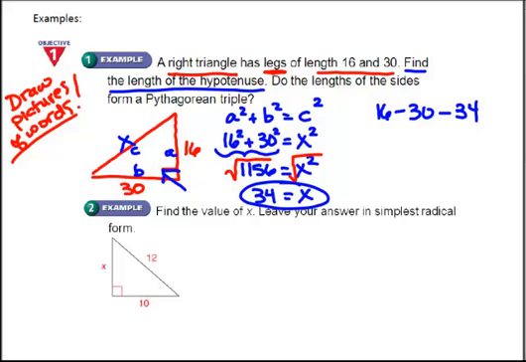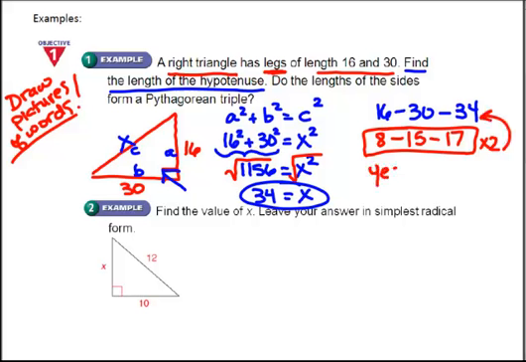So this is yes, but I want to show you, this is amazing. Divide these each by 2. 8, 15, 17. Now look up at your Pythagorean triple list. This is a special Pythagorean triple. So when you take this and multiply it by 2, you get these numbers. So the answer is yes, it is a Pythagorean triple.